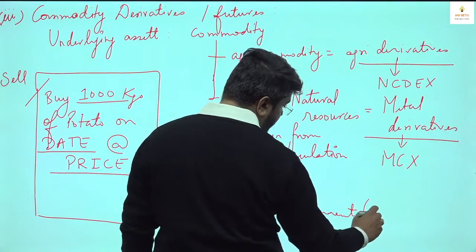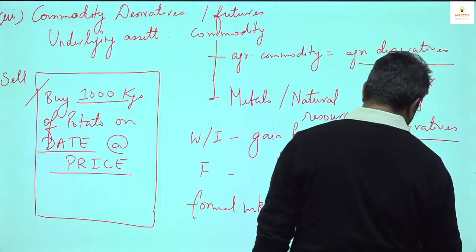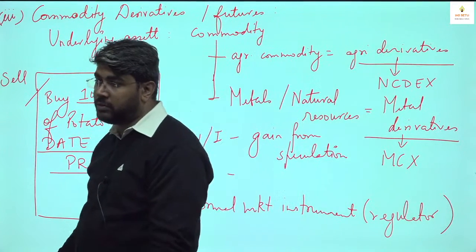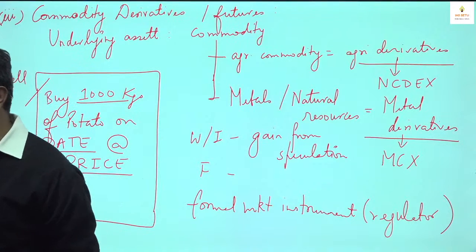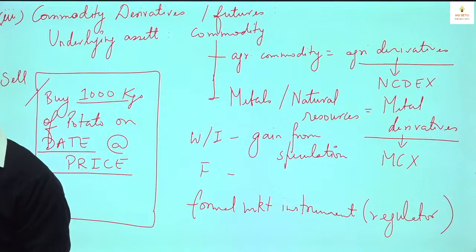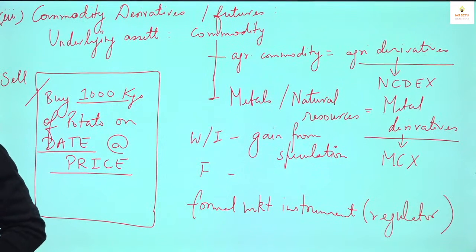Because I have a regulator sitting here watching over this instrument. कहीं पर भी अगर regulator हो तो क्या बोलूँगा? कि formal market का instrument है, right? But if I do not have a regulator for an instrument, then it becomes an informal market instrument, right?